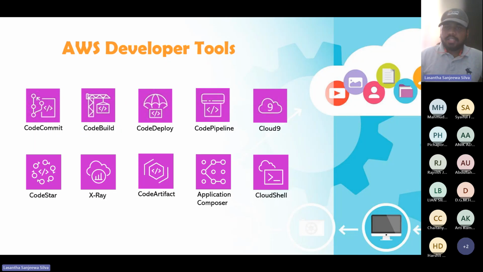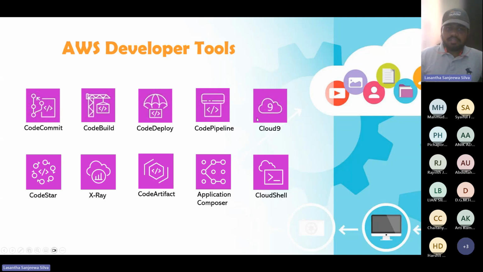For example, CodePipeline, ECS and so on. Next, CodeDeploy. It enables automated application deployment to services and platforms like Lambda, ECS or EKS, and the deployment process helps minimize downtime during updates. Next, Cloud9.